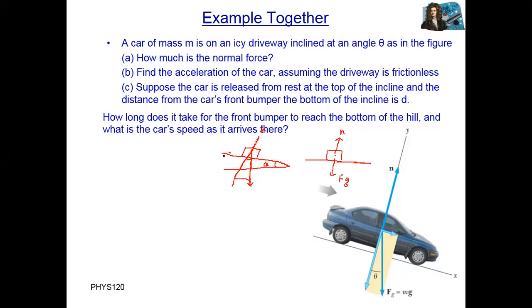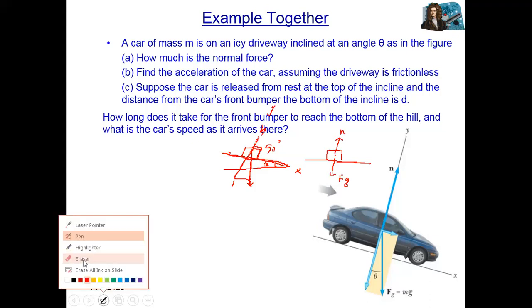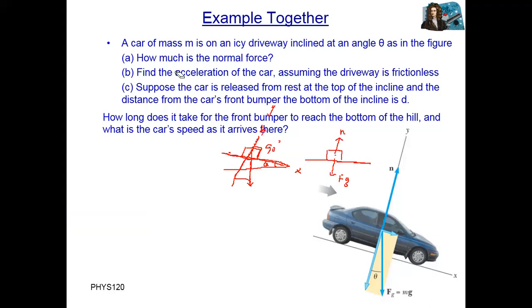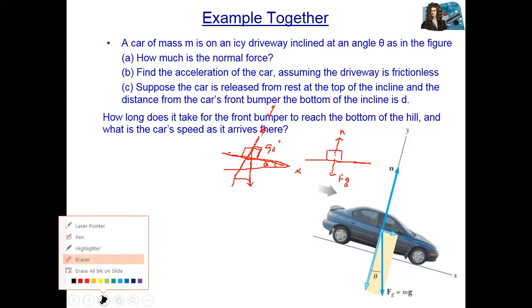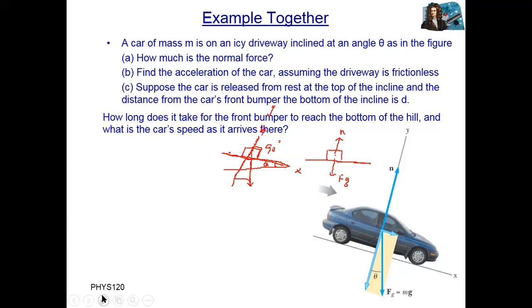We will consider this surface as the x-axis, and the normal force lies on the y-axis. The angle between these two is 90 degrees. So let me start solving, finding the normal force and acceleration of this body.